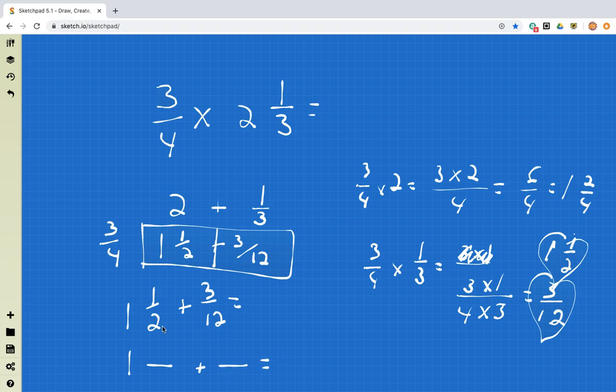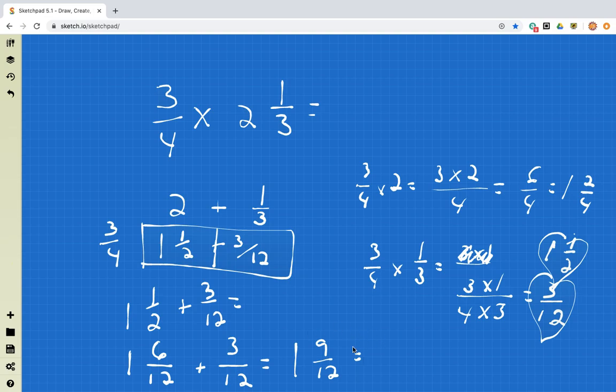What's the least common multiple of 2 and 12? Obviously that's 12. And let's see, 2 times 6 is equal to 12, so 1 times 6 is 6. And this gets to stay 3/12. Now I've got 1 9/12, which is an answer.